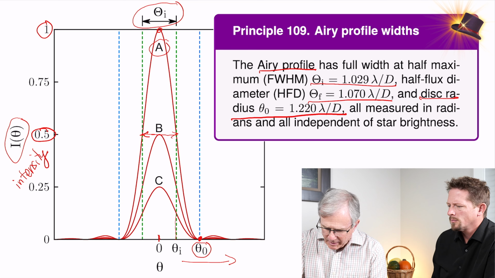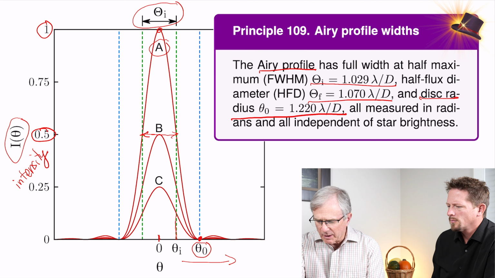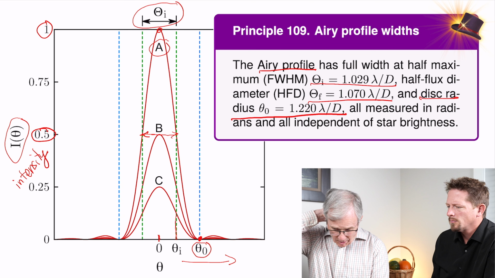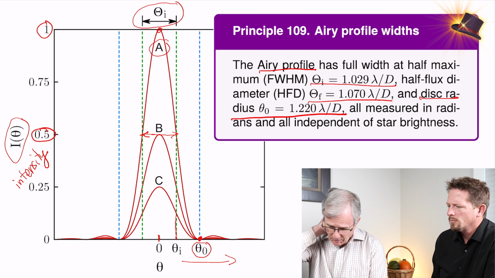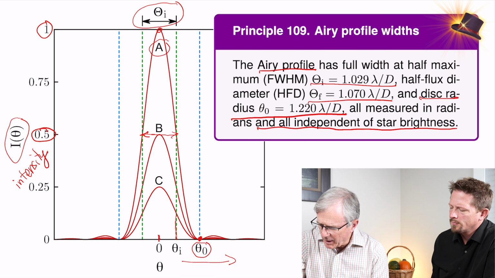And if we were to plot it, it would just be right bumped up against here. So this full width at half max is very close to the half flux diameter, theta f. So these are all measured in radians, all three of these formulas, and they're all independent of star brightness.